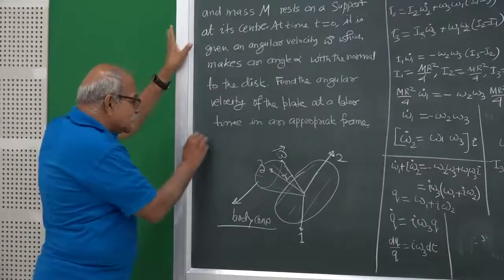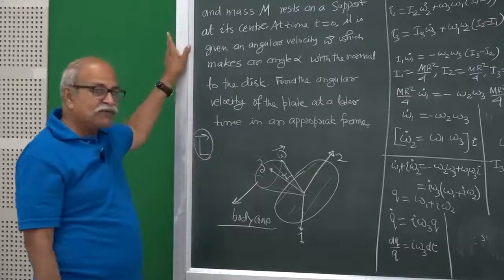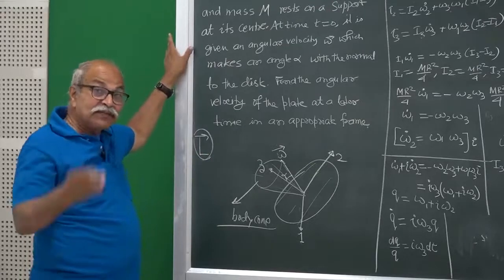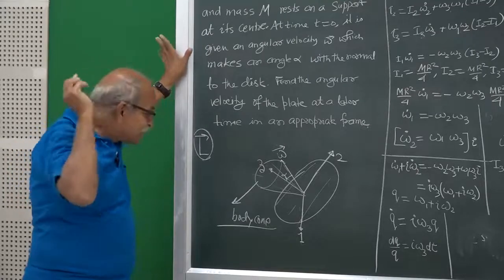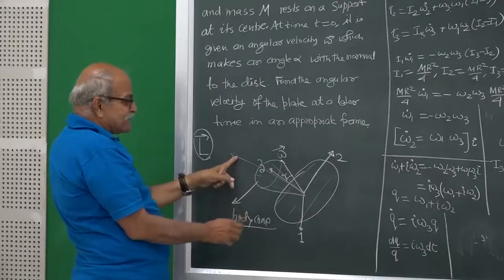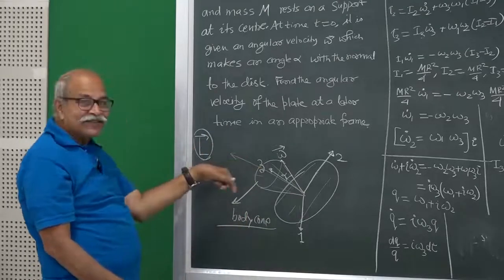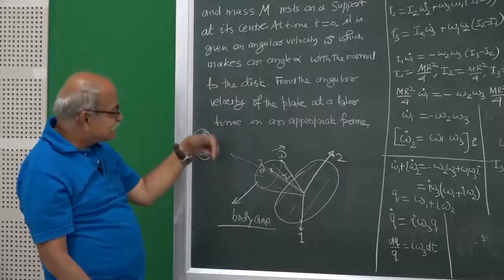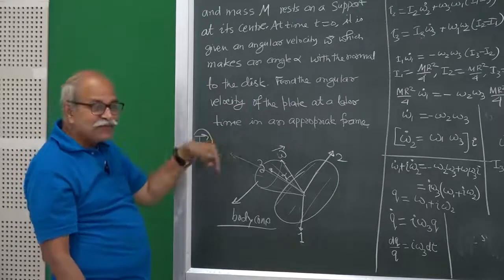You calculate what is the angular momentum, and that angular momentum is fixed in the inertial frame because there is no torque. So, this L will have a fixed direction, and then this 3 axis will go around that L vector, and that is yet another cone which will be made.